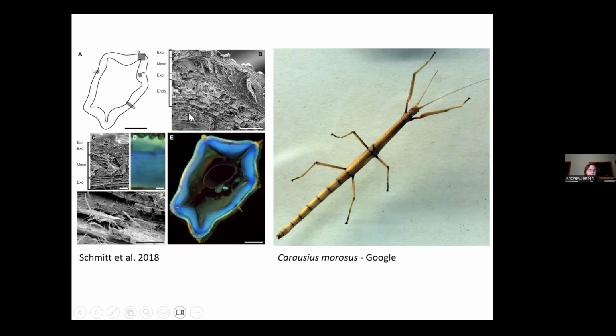So if we look at this particular insect here, this was a study done in 2018 by some of my German colleagues, and let's focus on figure A, the upper right subfigure. What you see is that they found the first set of helicoidal layers on the outside, and they said, okay, good, that's exocuticle. And now we have a large layer where all the fibers are facing in the same direction.